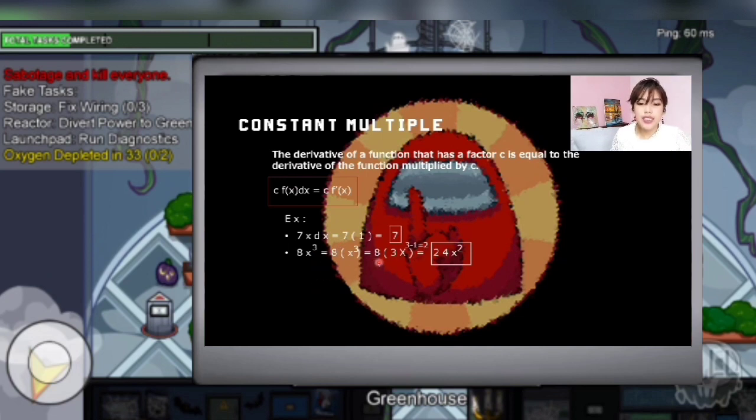So we are going to get 3x squared. The derivative of x cubed is 3x squared. After getting the derivative of x cubed, we're going to multiply the 8 to 3x squared. So 8 times 3 is 24x squared, or 24x raised to 2.